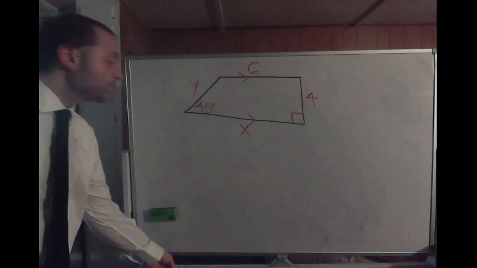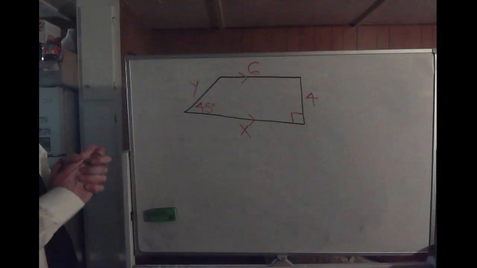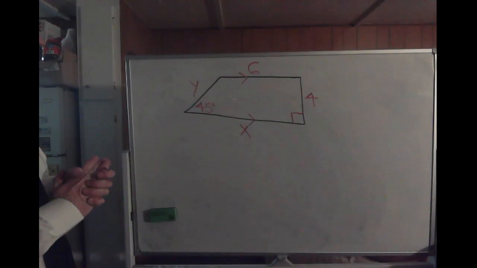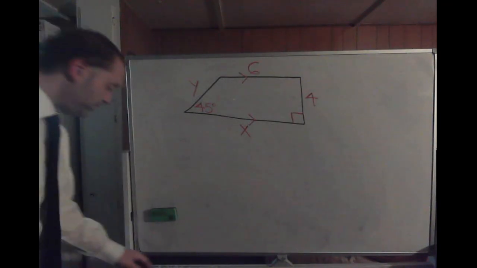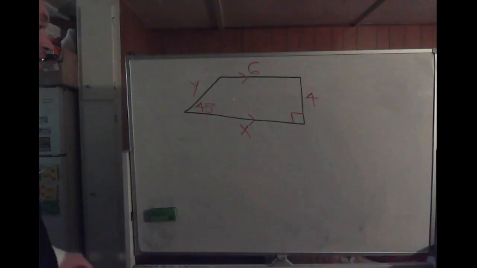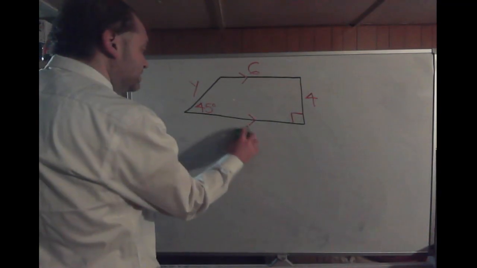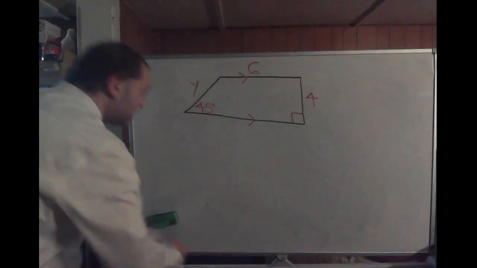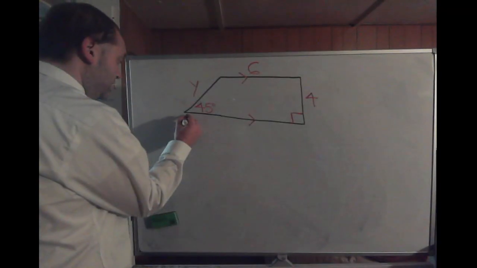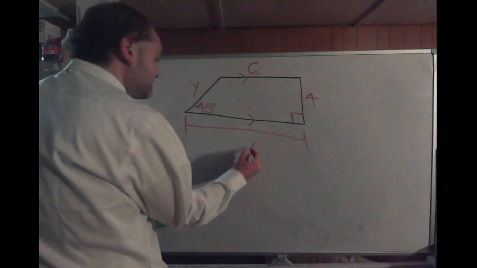Well, here's what we're going to do. Let me put it this way. The length of this whole segment here is x. So the length of this entire side is equal to x.